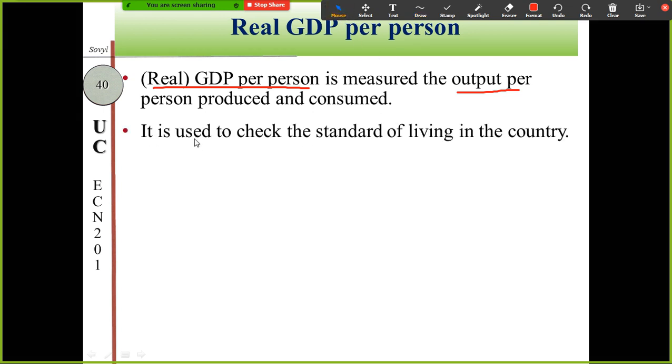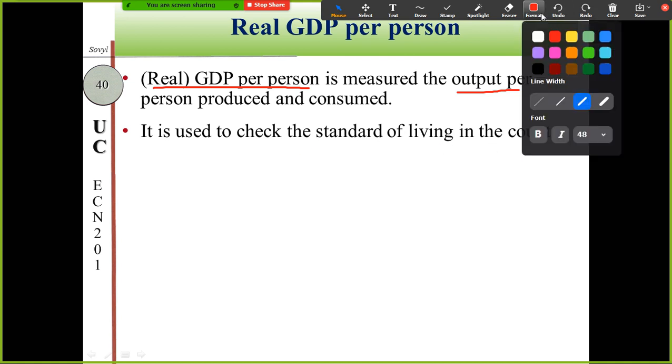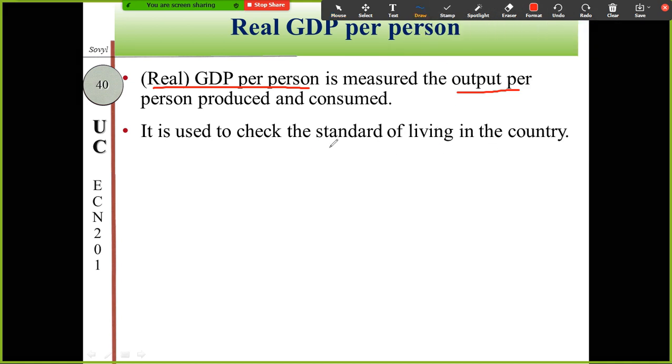Real GDP per person is used to check the standard of living in one country. So normally when one country has a higher standard of living, it means that every person in this country can produce more output.